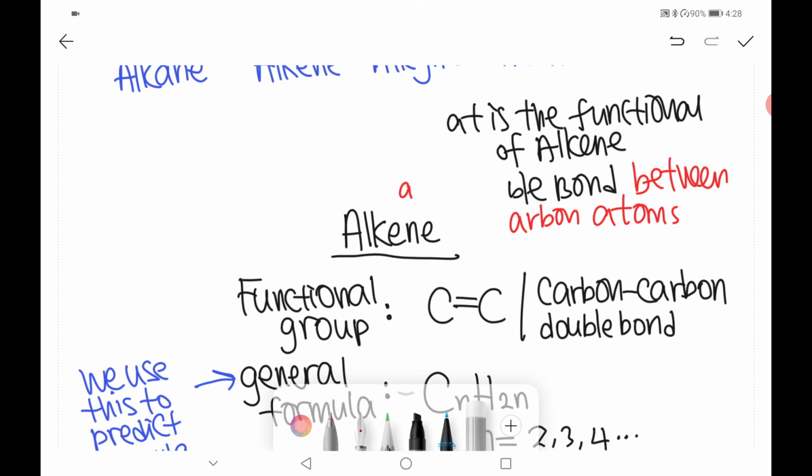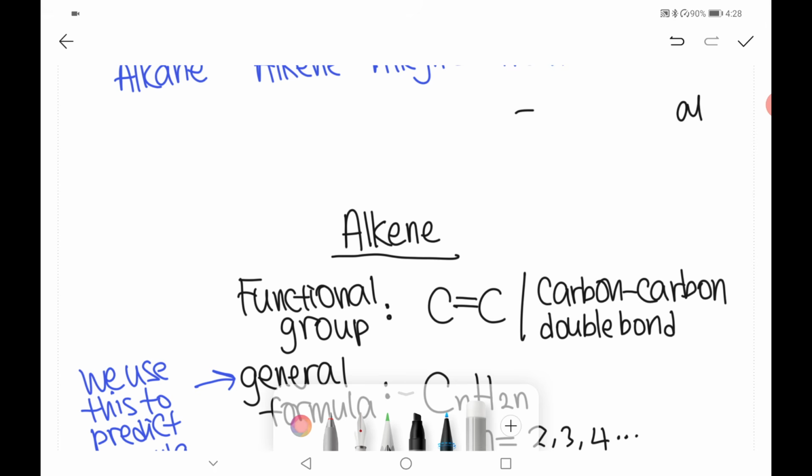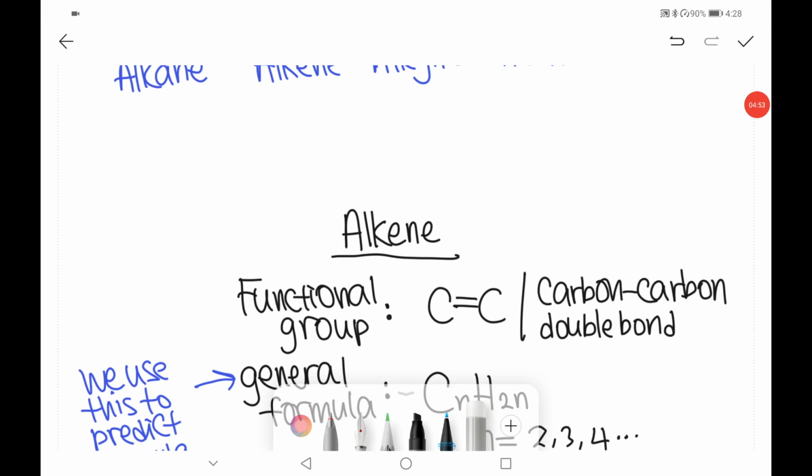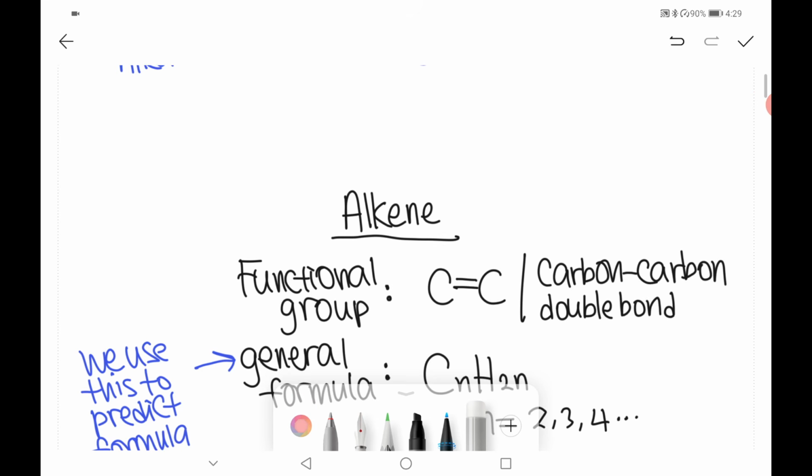So I repeat one more time. In SPM, if the question asks what is the functional group of alkene, you can draw it out like this: carbon, two lines, carbon, a carbon-carbon double bond.